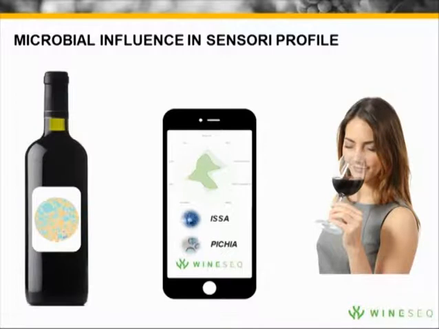Another example related with our data: when we analyze the surface of the grapes, we can find more than 800 different species, bacteria and yeast, and 50% of those species are in samples related with the fermentation, coming from the same grapes.